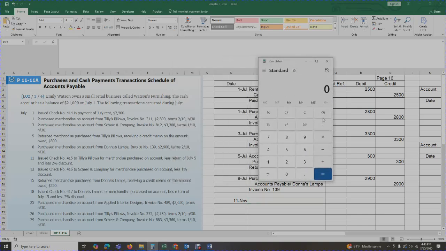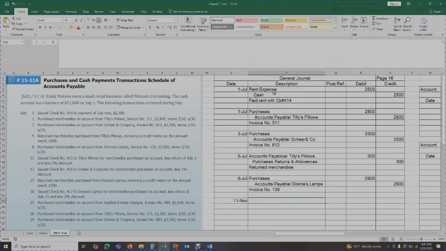Now, we need to look at how much money is owed. So we're going to locate the original transaction from Tilly. They had purchased $2,800 of merchandise, and then if we continue going down on the 5th, Tilly returned $300 of merchandise. So the amount that is owed to Tilly's Pillows is $2,500. That is the amount on your accounts payable. We need to clear the accounts payable.